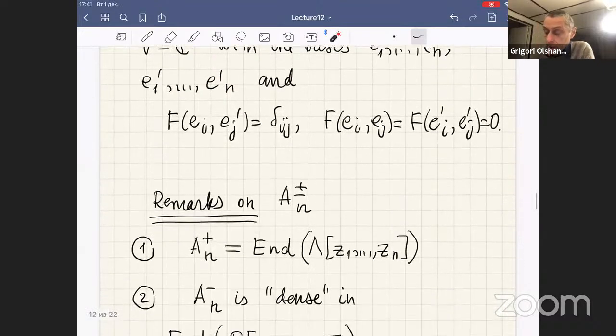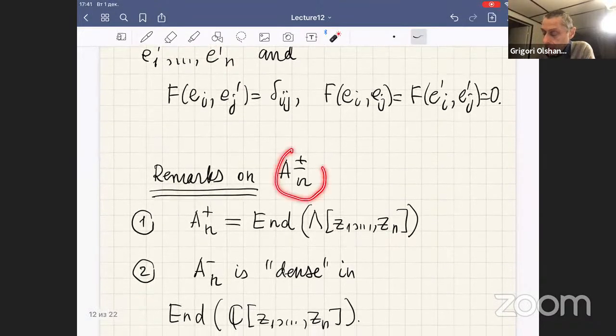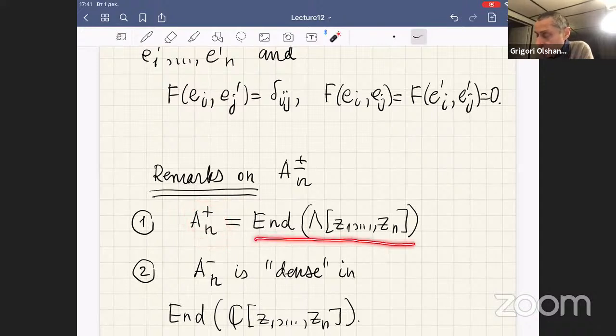And some remarks about these two kinds of algebras. In the plus case, in the Grassmann or Clifford case, this algebra is in fact the whole algebra of operators here. It's easy to see, just the same argument as before. Look what happens if we apply a monomial in the M and D operators to some Grassmann monomial.